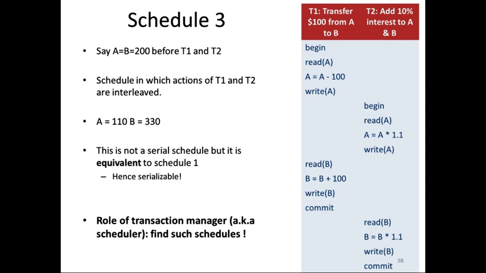Its role will be to find such correct schedules. Correctness for us, meaning for now, serializability. A correct schedule will be one that is serializable, that leads to the same result as any serial schedule.